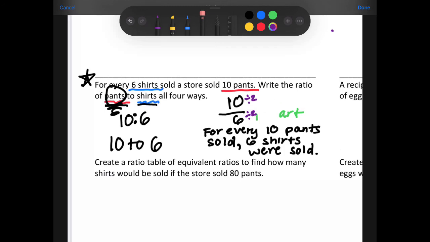When you divide each by 2, you get 5 over 3. So this ratio can also be a 5 to 3 ratio. For every 5 pants sold, 3 shirts were sold. So equivalent ratios. It's a little preview for next week.